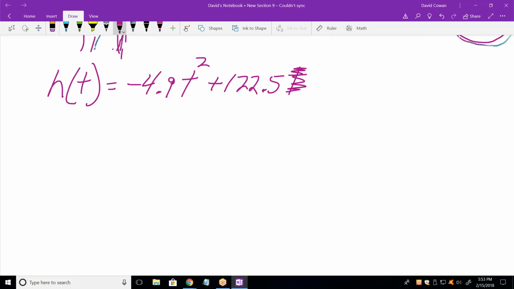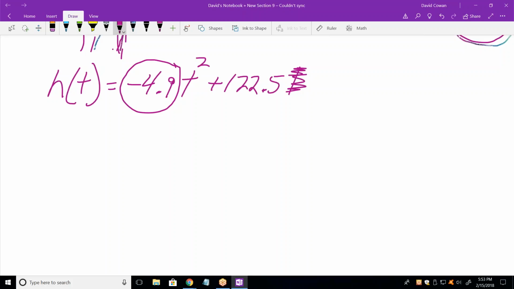It gives the height in meters of an object that has fallen from a height of 122.5 meters. Oh, okay. That's why there's no middle term. I was going to say, this is a physics problem. This is projectile motion, and it's in meters per second squared, not in feet per second squared.